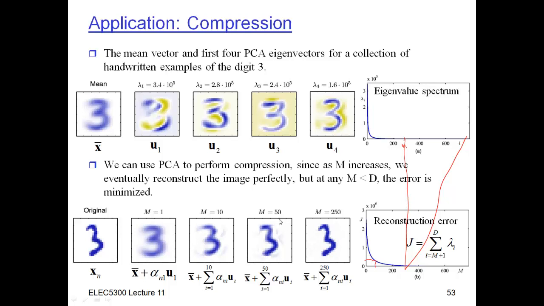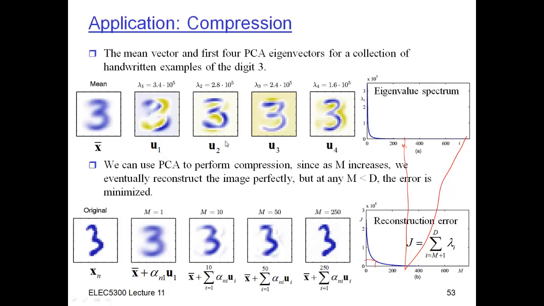Okay. So the key idea here is that this reconstruction error actually gives you an exact measure of the mean squared error. Actually, the principal components that I have here give us an idea of what kind of transformations there are.